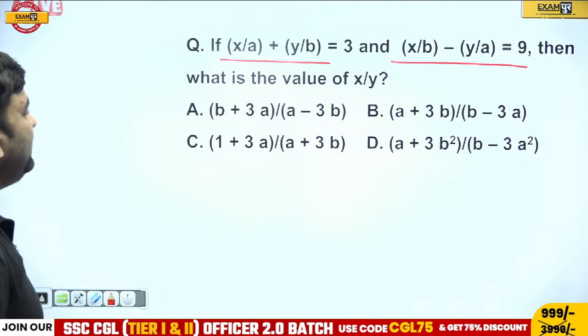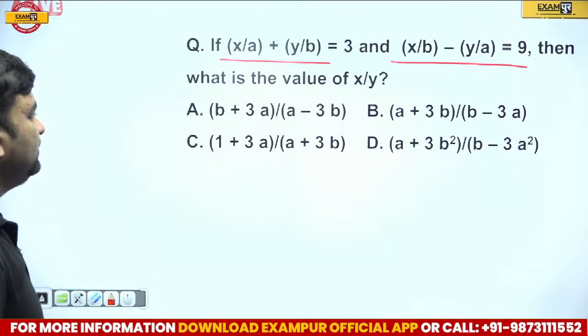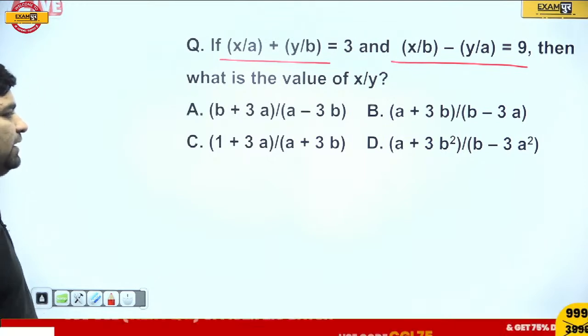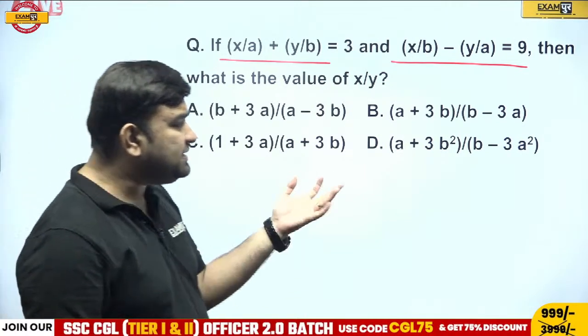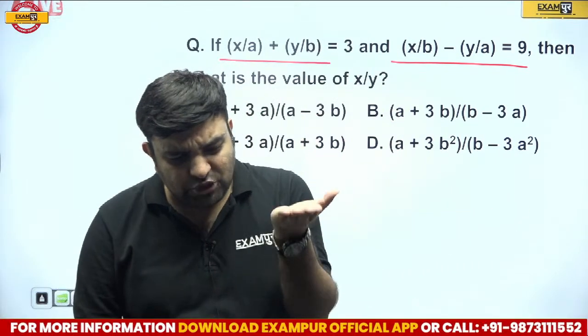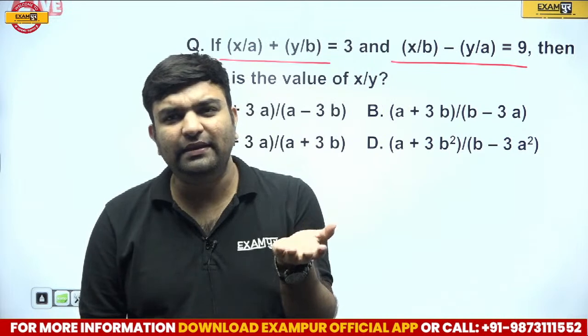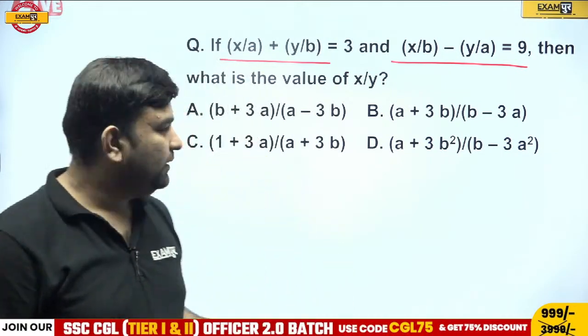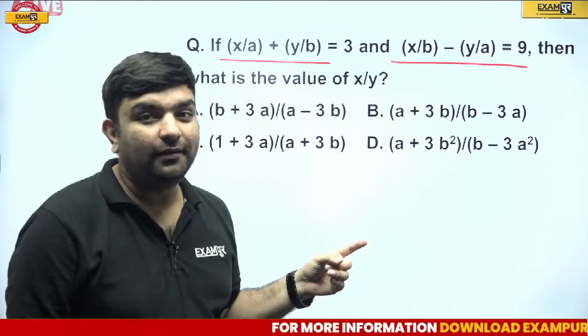Why not assume a and b both as 1 and 1? Will it create a problem? If I assume both as 1 and 1, it can create a problem, my dear. So assume something else, like 1 and 2.